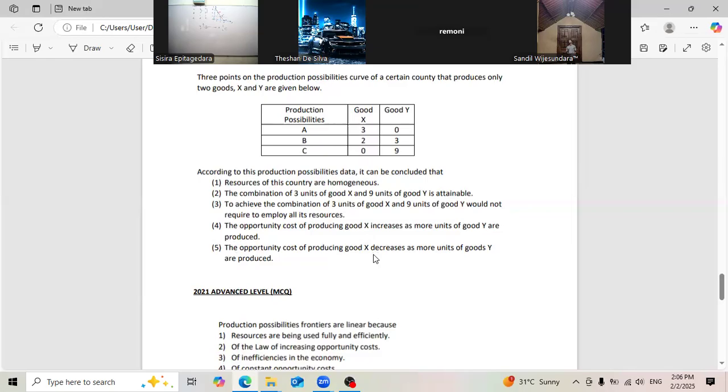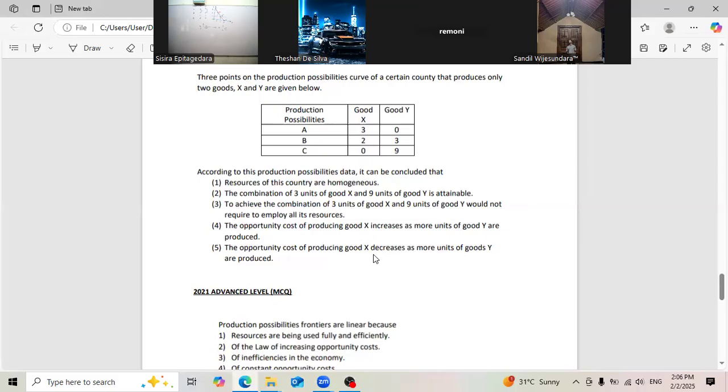Because the PPC is a straight line. After drawing the graph, you can see the curve is a straight line. Is that clear? The fifth one is wrong. If opportunity cost decreases, the PPC curve should be convex to the origin.